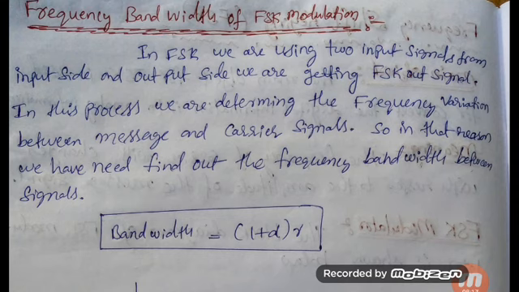once again we are seeing the meaning of frequency bandwidth of FSK modulation. In FSK we use two input signals on the input side, and on the output side we get the FSK output signal.